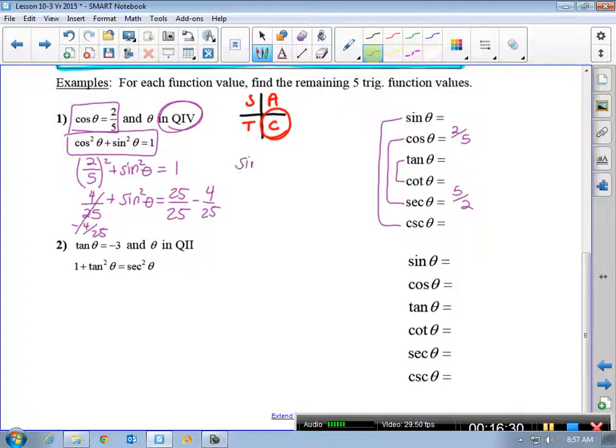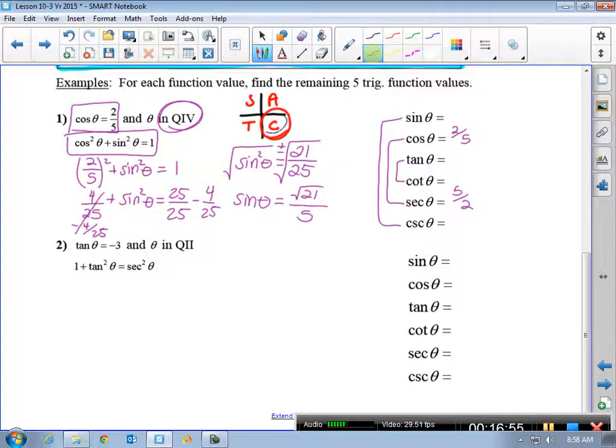So now I have sine squared theta equals 21/25. Square root, plus minus. Sine theta equals square root of 21 over 5. And is it positive or is it negative?